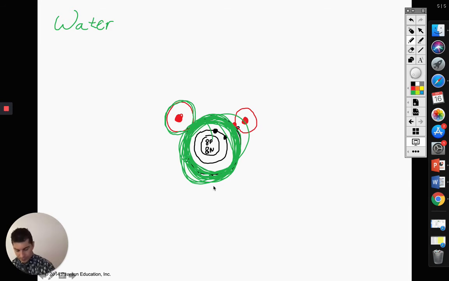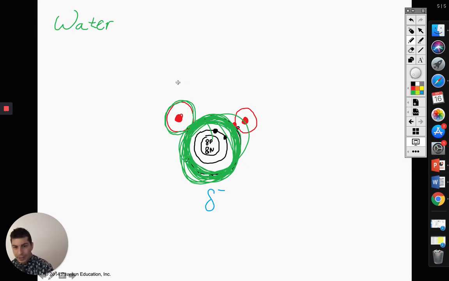So since the electron, which is negative, is around oxygen more, we say that the oxygen is delta negative, or slightly negative. It's not a full negative charge, it's just a partial negative charge because every now and again it goes around hydrogen. If it was around oxygen the whole time, we would say it's full negative, but it's not.